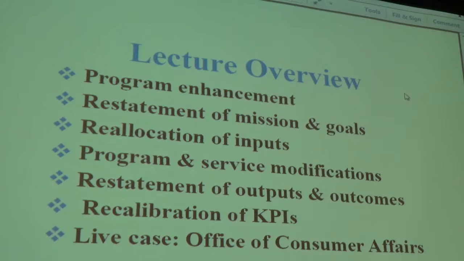Once you have that resource reallocation, then you look at what can be modified. If you completed a process-oriented assessment like I just demonstrated, then that means streamlining functions, activities, and tasks, so they become more effective and more efficient. Based on that, you may want to restate the outputs and outcomes because the program is changing.